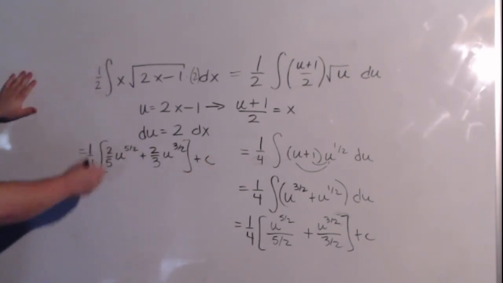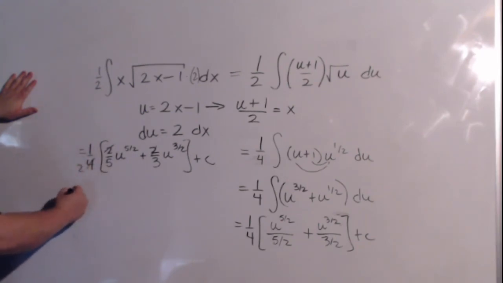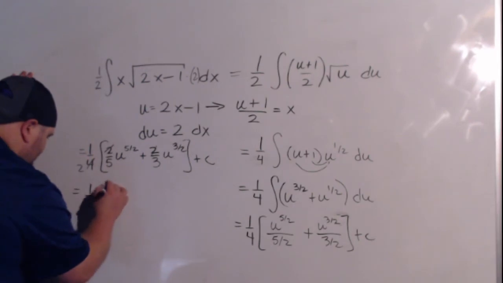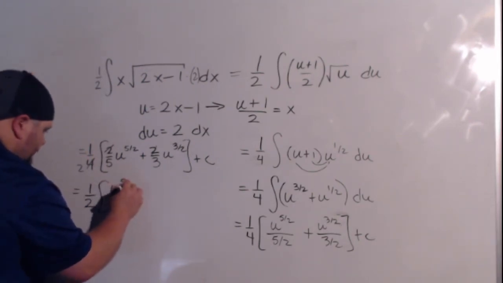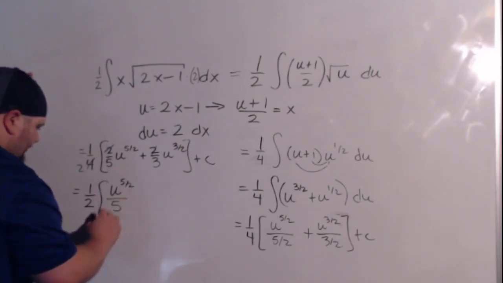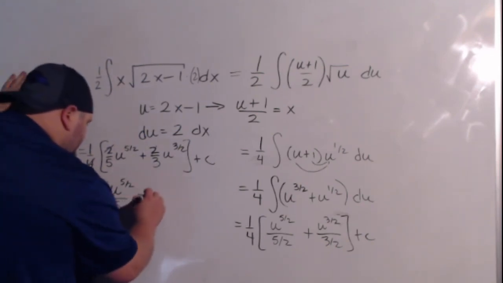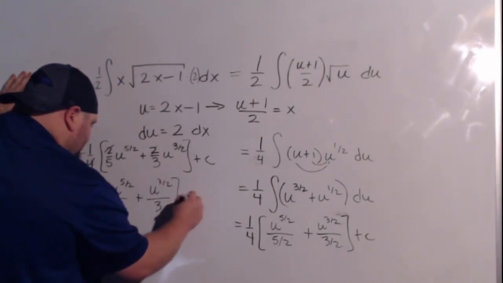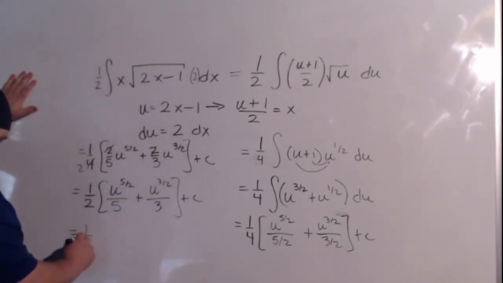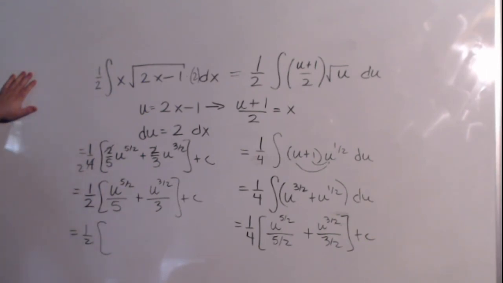The reason I did that is because I have a 2 here on both of these that I can cancel with one of those. And I'm going to leave the answer as this. Well, not leave, because I have to plug the u back in. So doing that, u is equal to 2x minus 1.